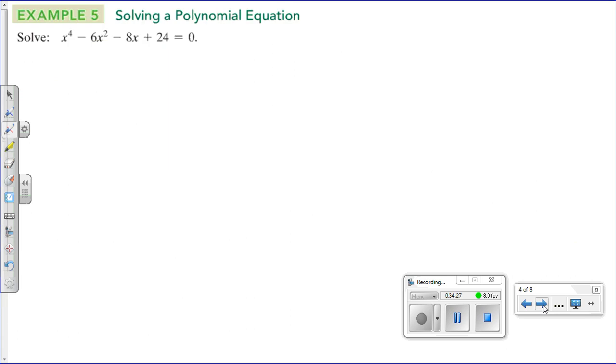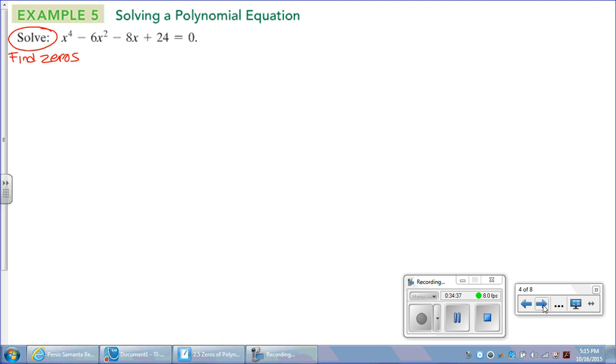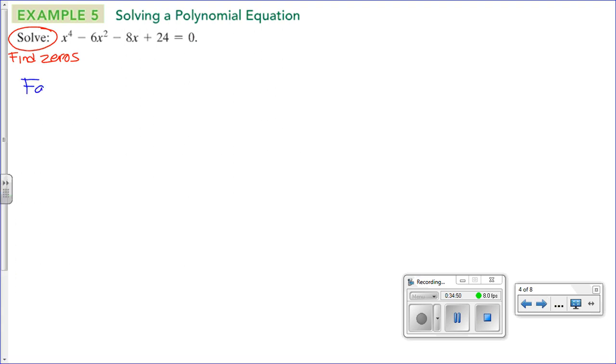So again, we need to solve the polynomial. Remember, that means to find the zeros. And so again, I can tell you that you are not able to factor it. So what we're going to do is rely on the rational zero theorem again. So we need to list the factors of 24 and divide them by the factors of 1.